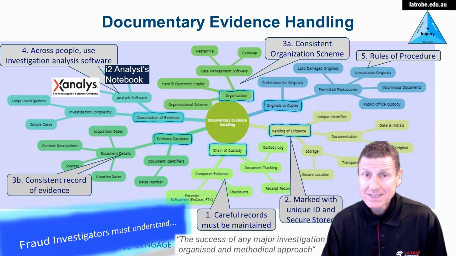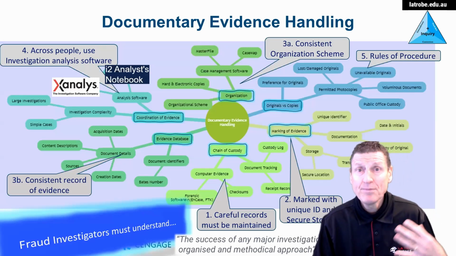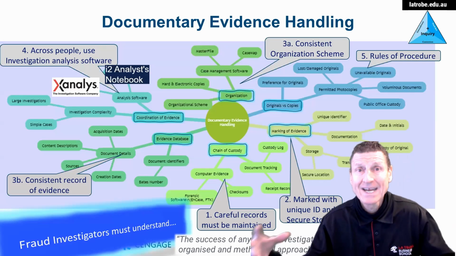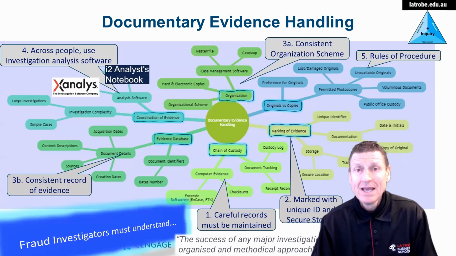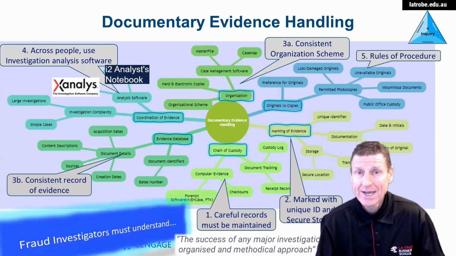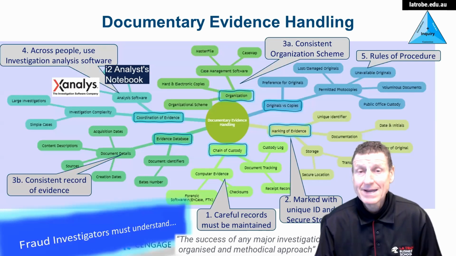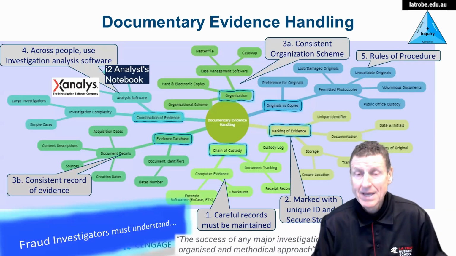Number 4, this is the interesting part because there is software out there that can help you to manage and organize and coordinate evidence. And this is so critical when you have use of investigation analysis software across different teams of individuals, and you've got to coordinate the different sources that are coming in from different people and get everyone onto the same page.